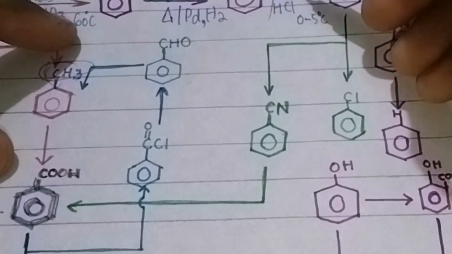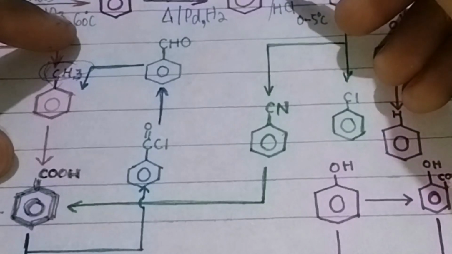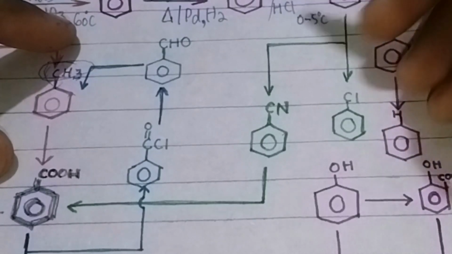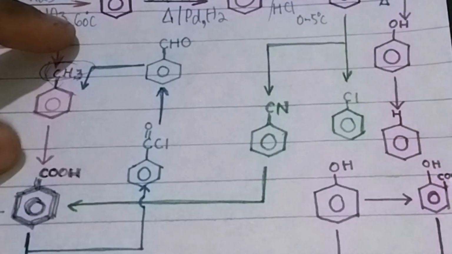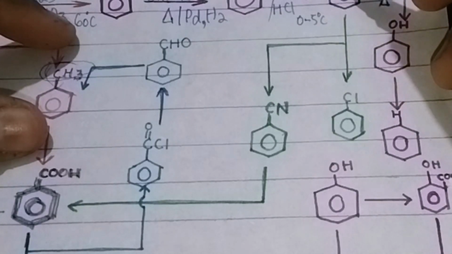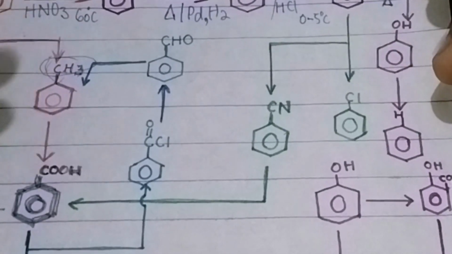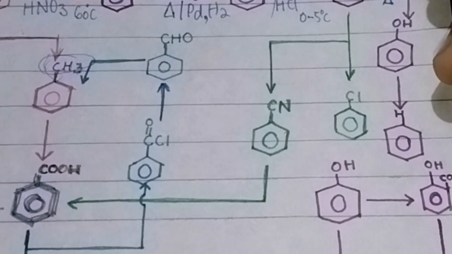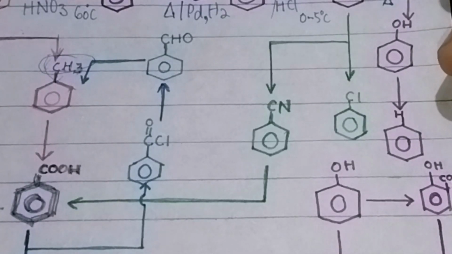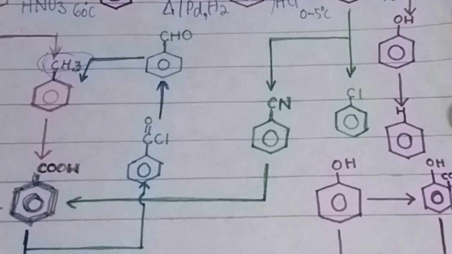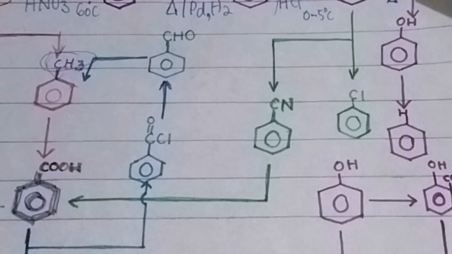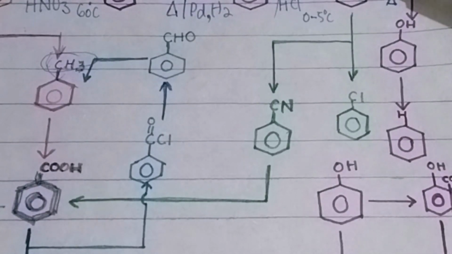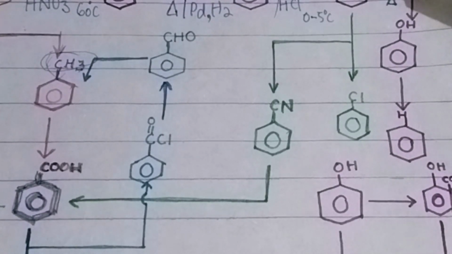What we are going to do is use NaNO2 and HCl, with a little bit of cooling, about 0 to 5 degrees centigrade temperature is needed, and this aniline will convert into benzene diazonium chloride.